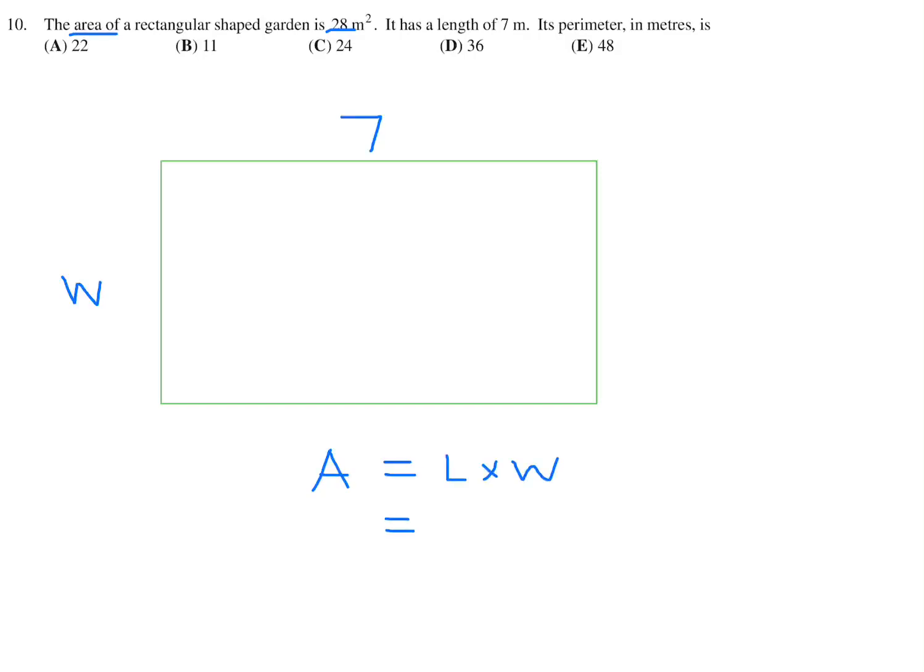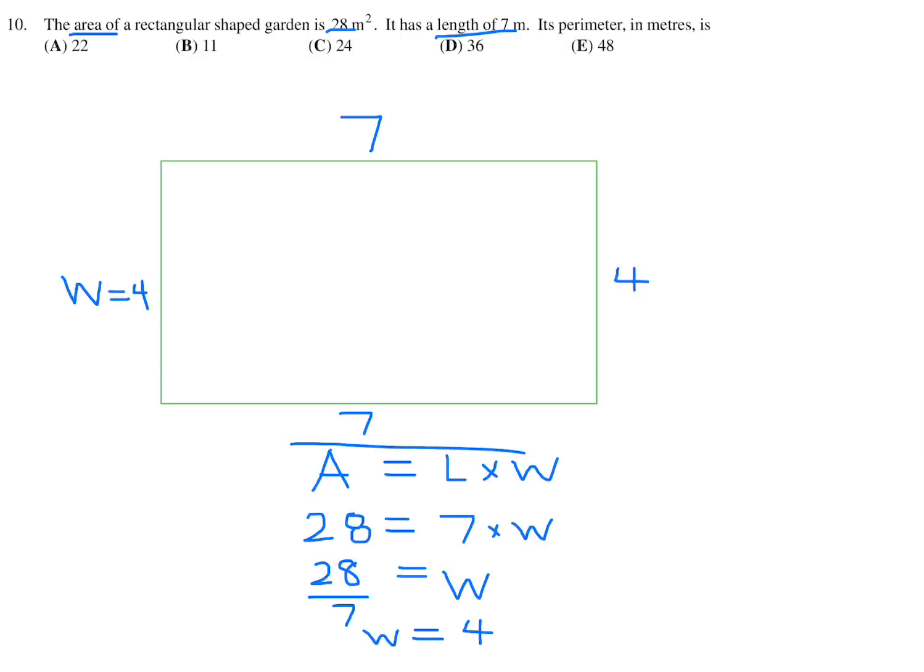Length is 7, and the area is 28. So 28 divided by 7 is the width, and the width is therefore equal to 4. So this is 4, this side is 7, and this side is 4.